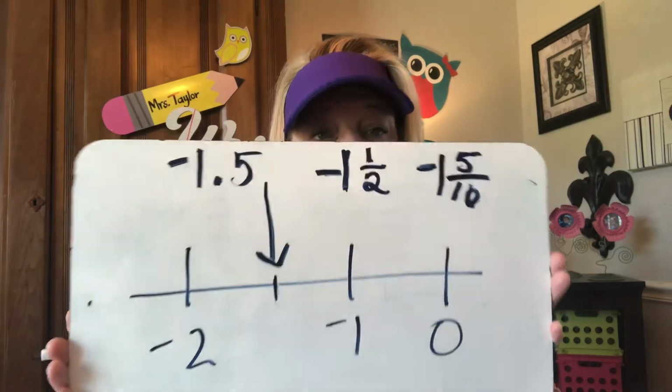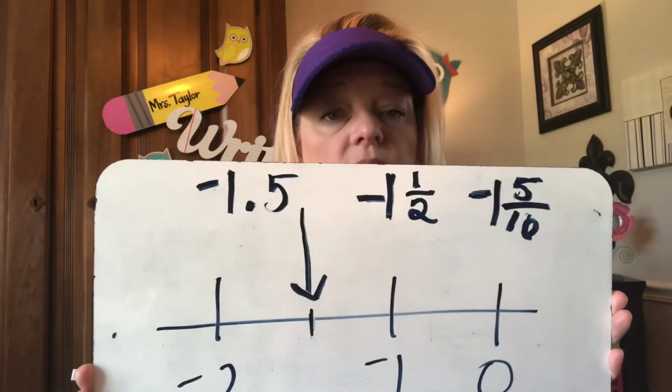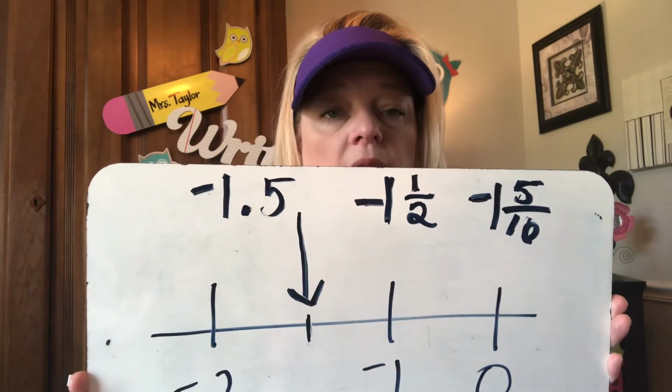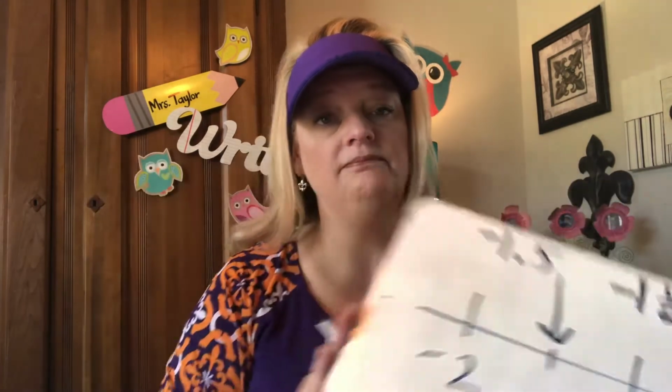So 5 out of 10, if I reduce that fraction, I reduce it to half. So -1.5. Excellent.